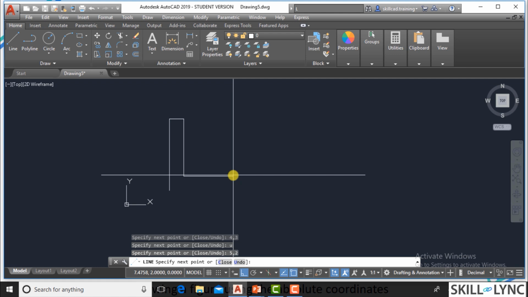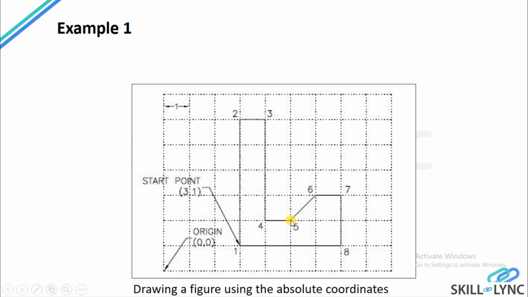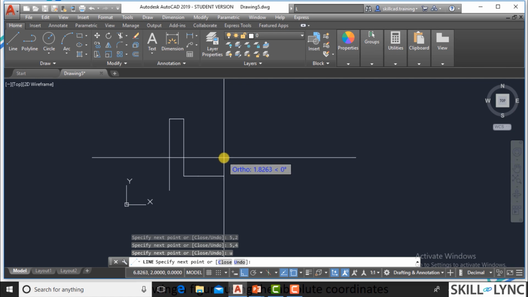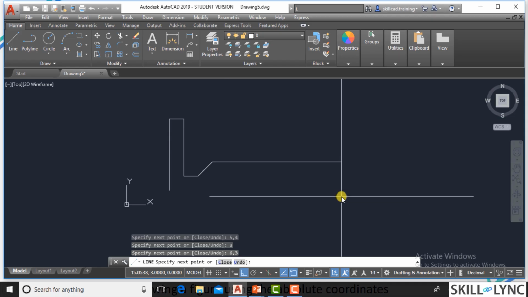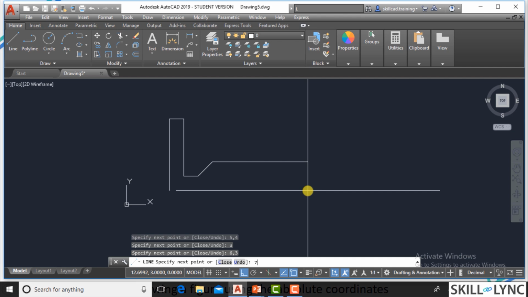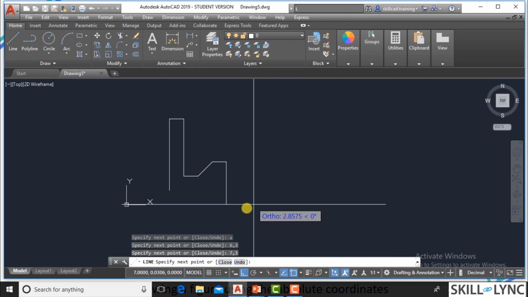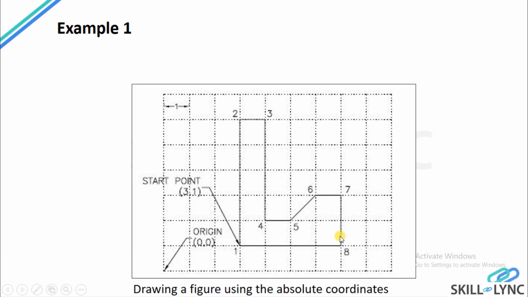This is 5 comma 2. Then this is 6 comma 2 and this is 6 comma 3. So it should be 6 comma 3. You should be very careful while you're working. Then you increase 1 in x, so it is 7 comma 3. Then you reduce 2 points in y, so 7 comma 1, because there is no change in x, and there is a change of 2 units in y.